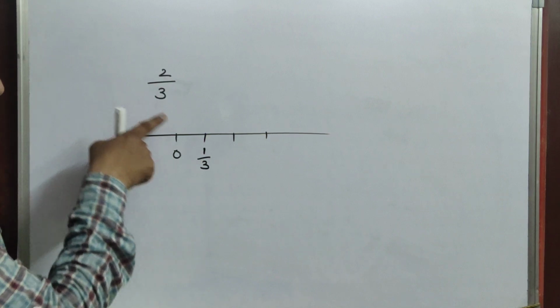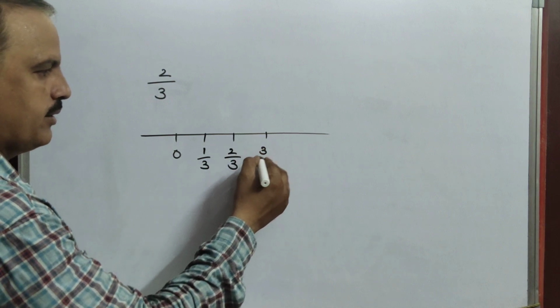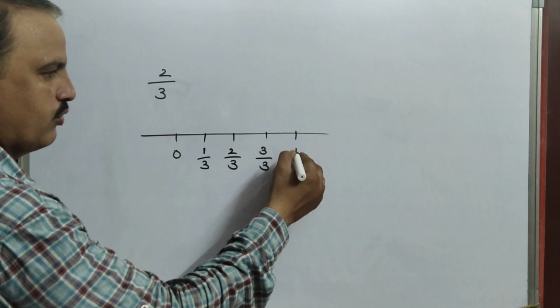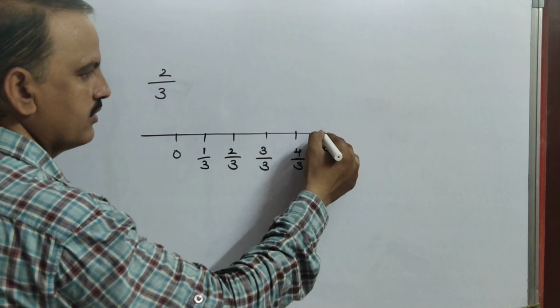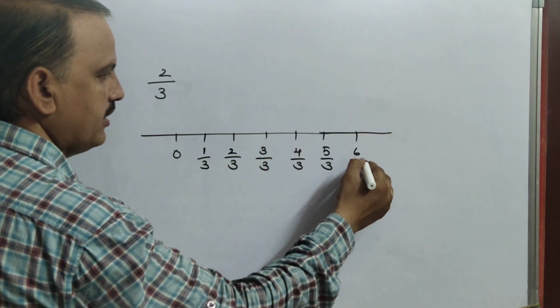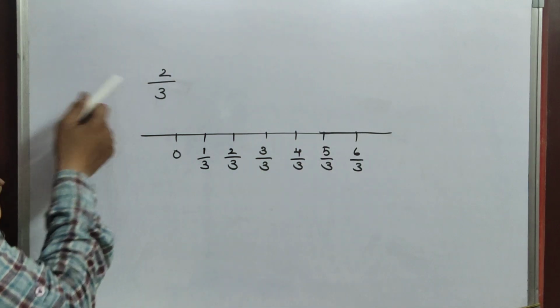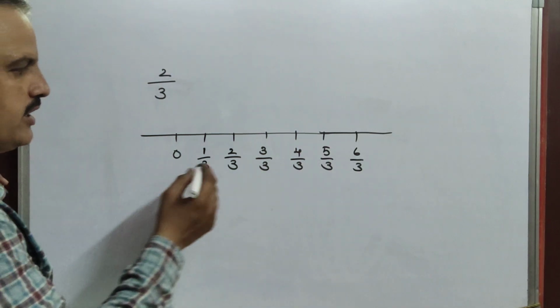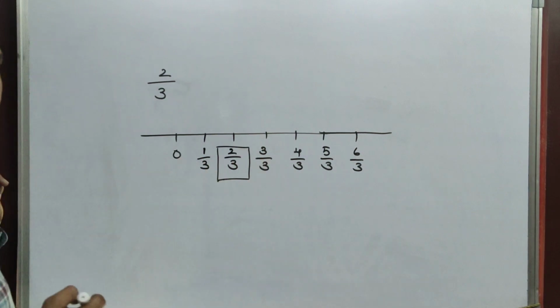So start like that, 1 by 3, 2 by 3, 3 by 3, 4 by 3, 5 by 3, 6 by 3, like that, and so on. If you clearly observe now, where is 2 by 3 here? Here it is 2 by 3. So this is the representation of 2 by 3 on a number line.